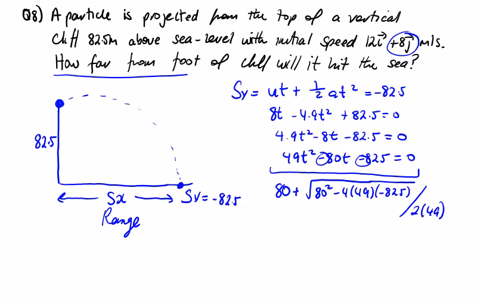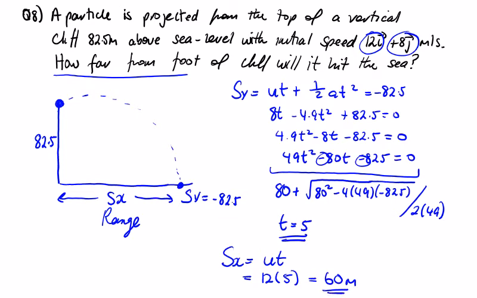I could go back and change it to the minus answer, but my plus answer here actually does work out even, so maybe it does factorize. I'm getting t is equal to 5 here for my time. So S of x is equal to ut, which is equal to 12 by 5, which is 60 meters. That's question 8.